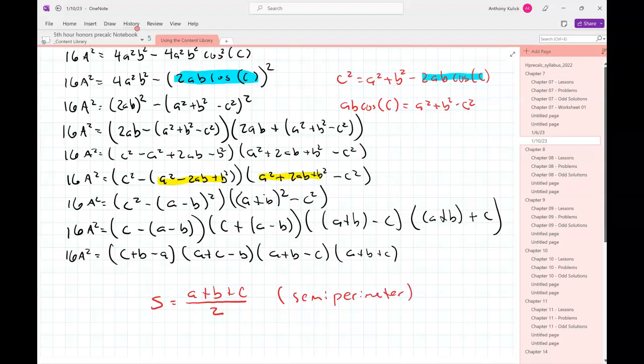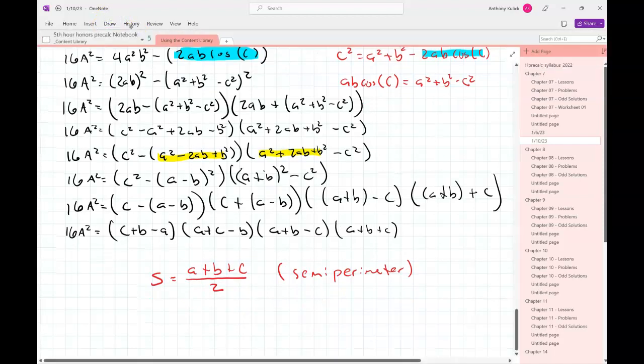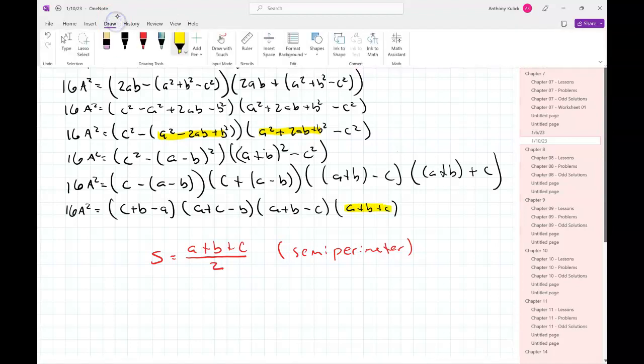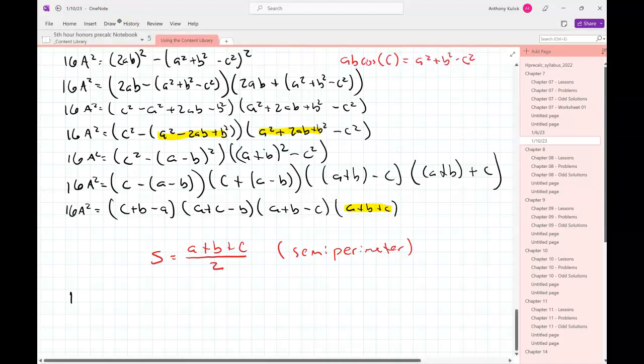Semi because it's half, and perimeter because a plus b plus c is the perimeter of a triangle. So if I look here, this is going to be 2s, right? So I'm just going to write that part first.